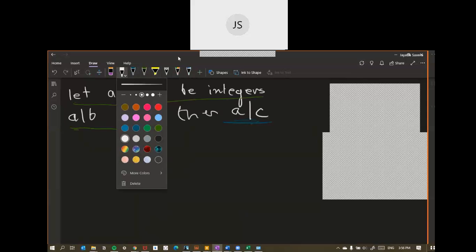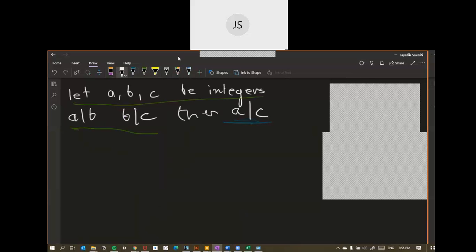Let me write here, proof. By basic rules of argumentation, I would say assume the given.